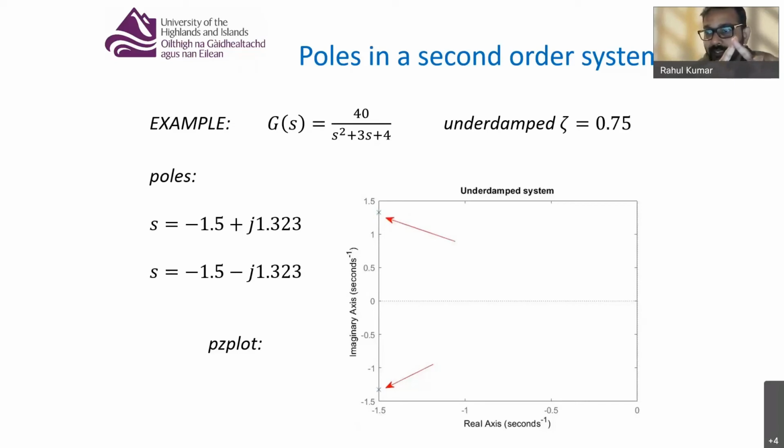And then if we continue to reduce the zeta value or the damping ratio, and the system becomes underdamped, they spread across the imaginary axis like that. So that's what happens with the location of the poles in the three types of systems.